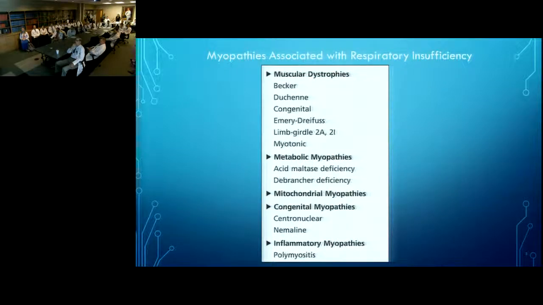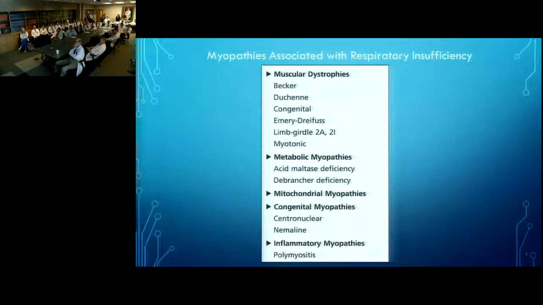Associated signs are also helpful in narrowing down the differential diagnosis, since I'm showing you 10 different diagnoses in each and every table. A bunch of muscular dystrophies can present with respiratory insufficiency, but you can also see that in polymyositis rarely. There are rare reports of polymyositis presenting with respiratory insufficiency during the early stages of the disease.